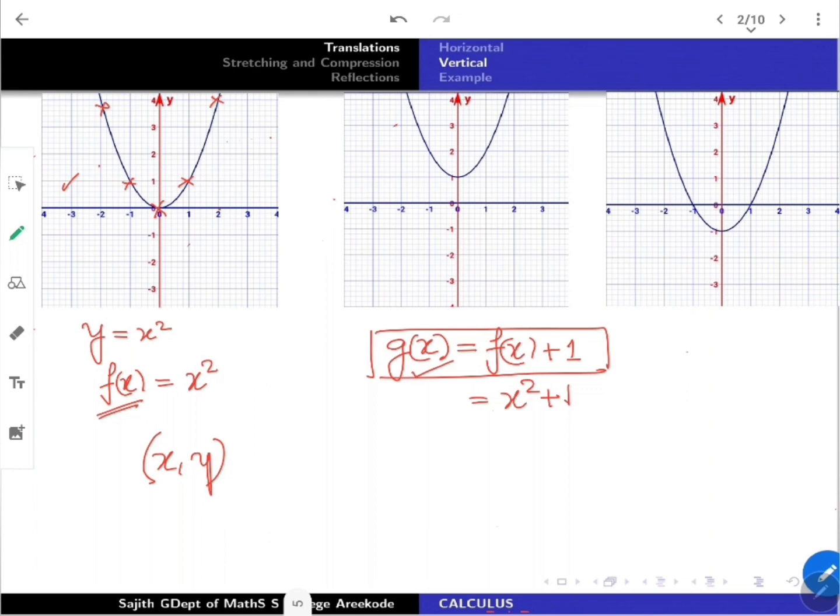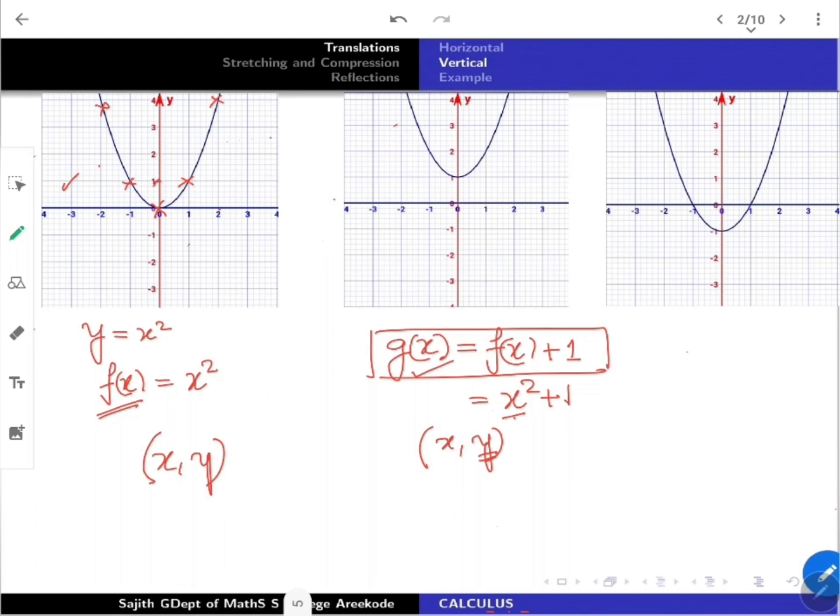But looking at g of x, in the second situation, that is the graph of g of x, the y value is simply x squared plus 1, that is, the f of x rule with 1 added. Which means corresponding to 0, you have to lift it, 0 plus 1, you will get 1 here.